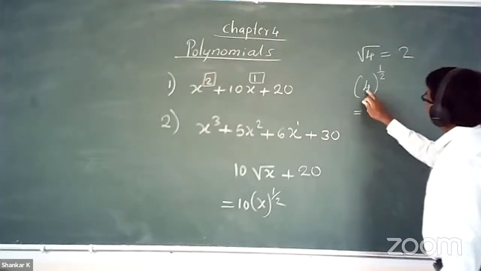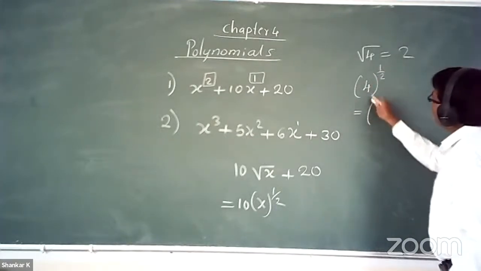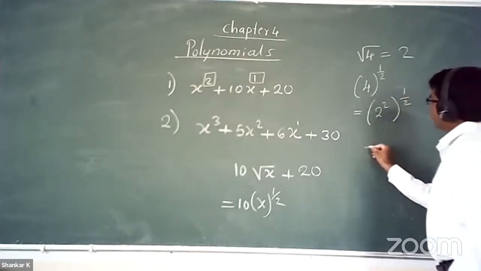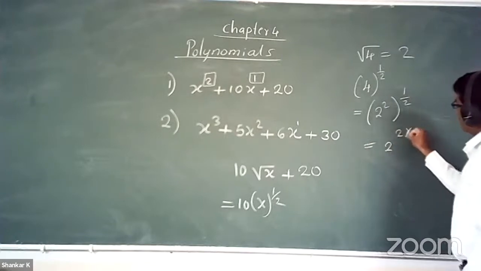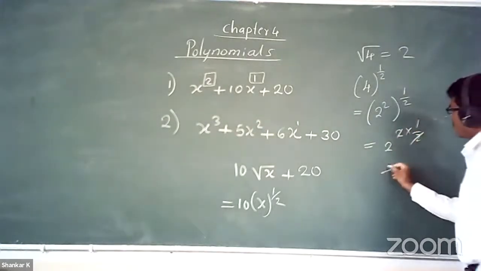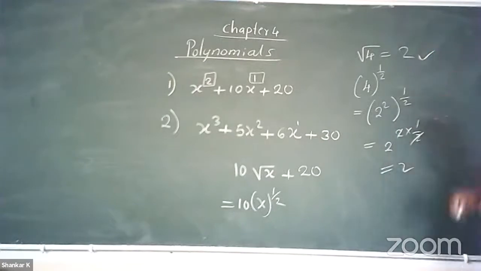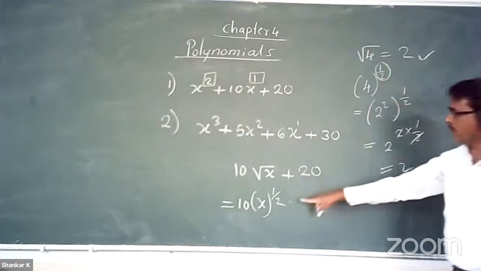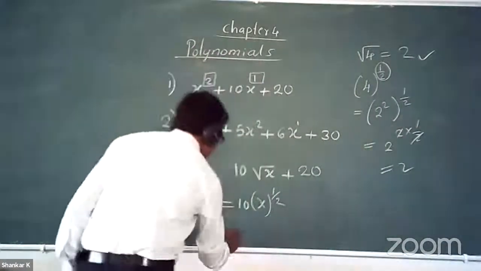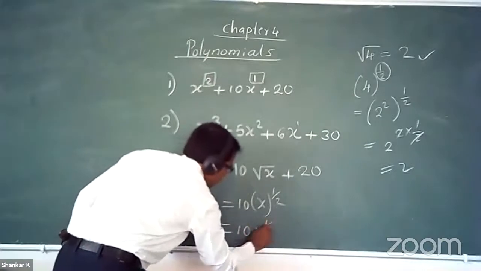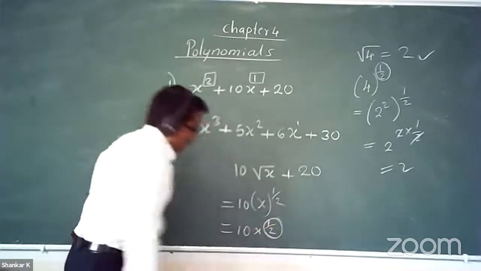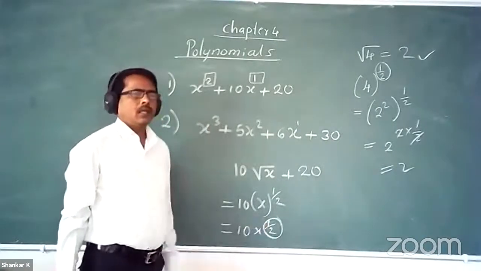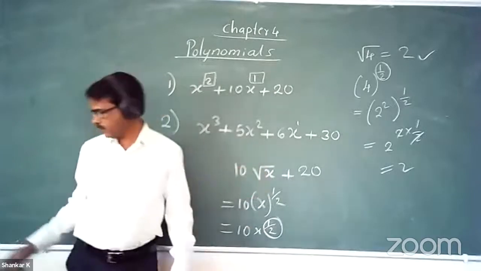So 4 raised to 1 by 2: 4 means 2 squared, and with 1 by 2 this is 2 raised to 2 into 1 by 2. The 2s cancel, so 2 is remaining. That's right. The square root symbol means the exponent is 1 by 2. Here 1 by 2, is it a whole number? No. It is not a whole number. Therefore, this is not a polynomial.